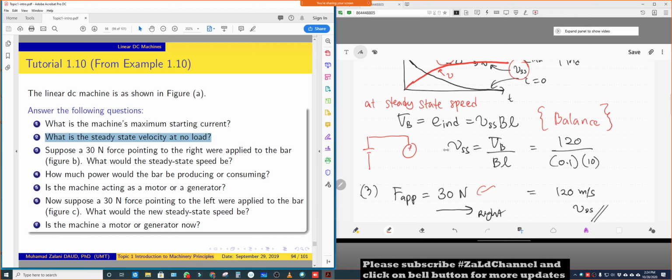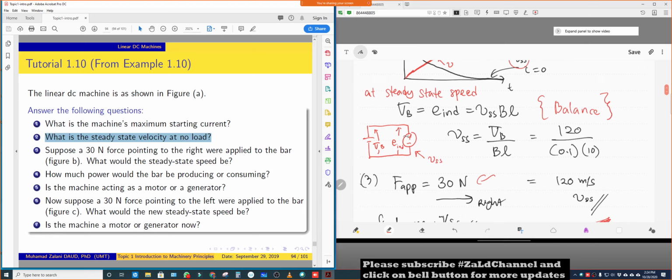So on our right hand side, voltage will be induced like that. This is VB. It is balanced now. So this is the state where V achieves VSS. So in this case, we can just use this equation.